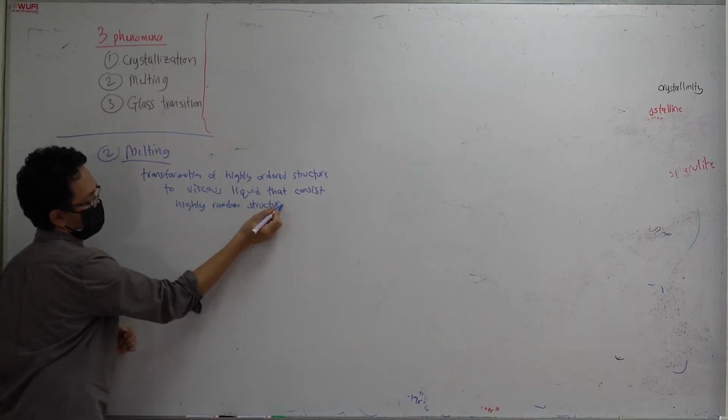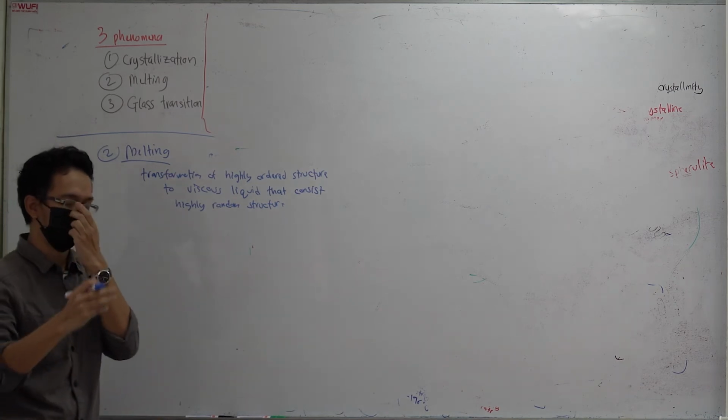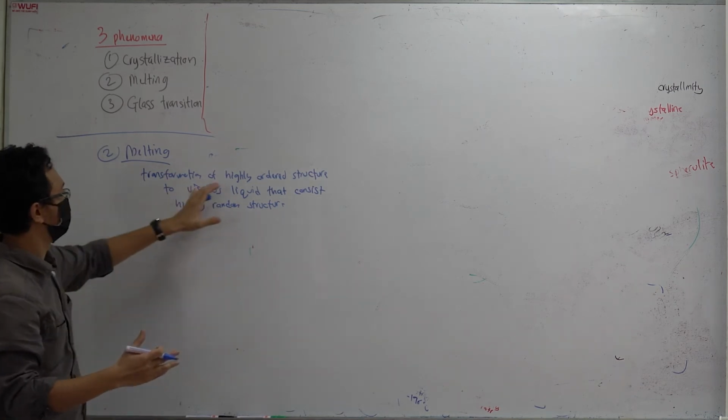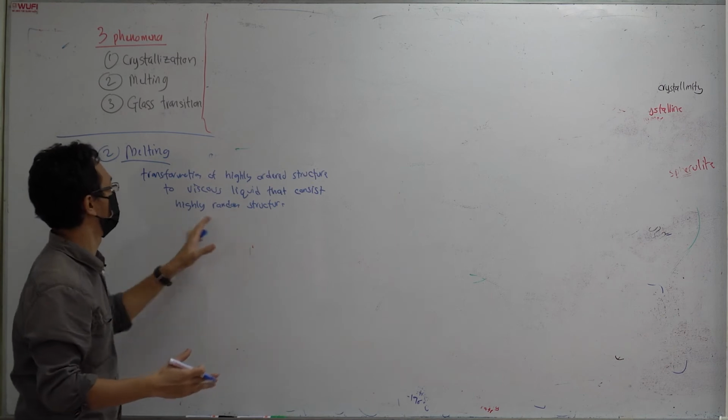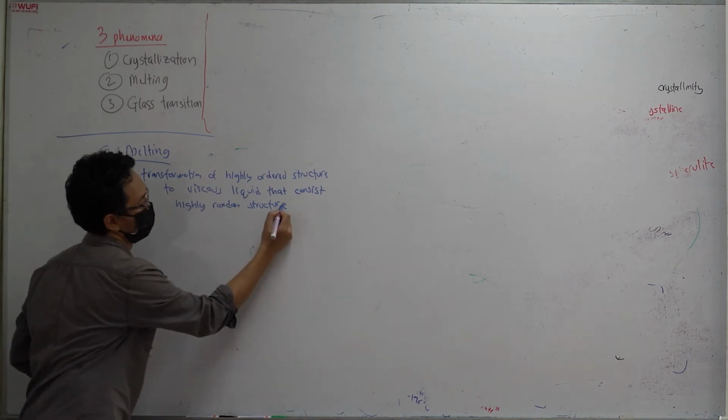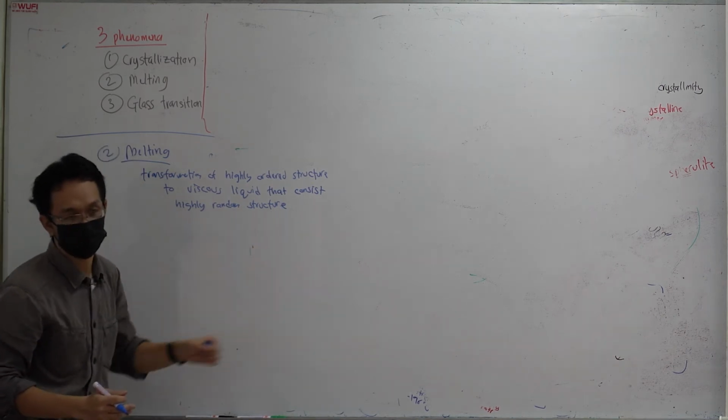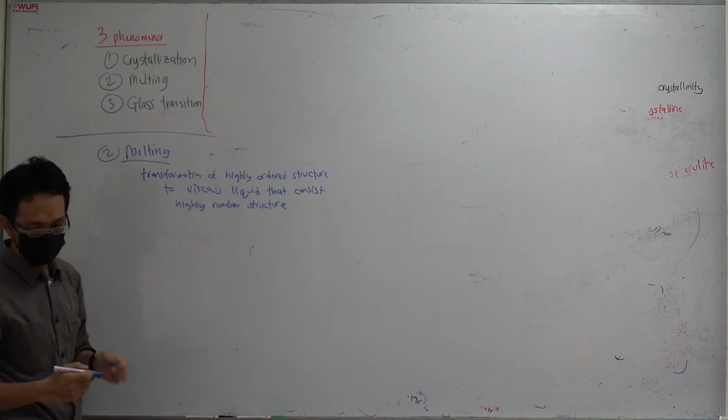So basically melting is just from the very crystalline, highly ordered structure, you turn into a highly random structure. And random structure typically is liquid.